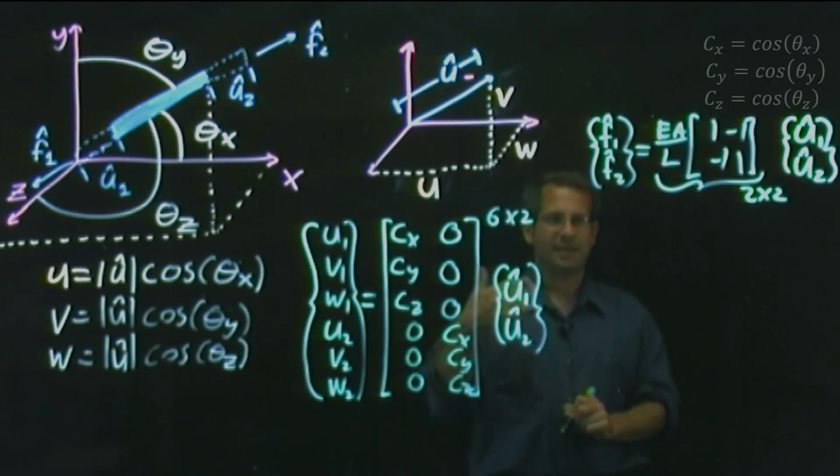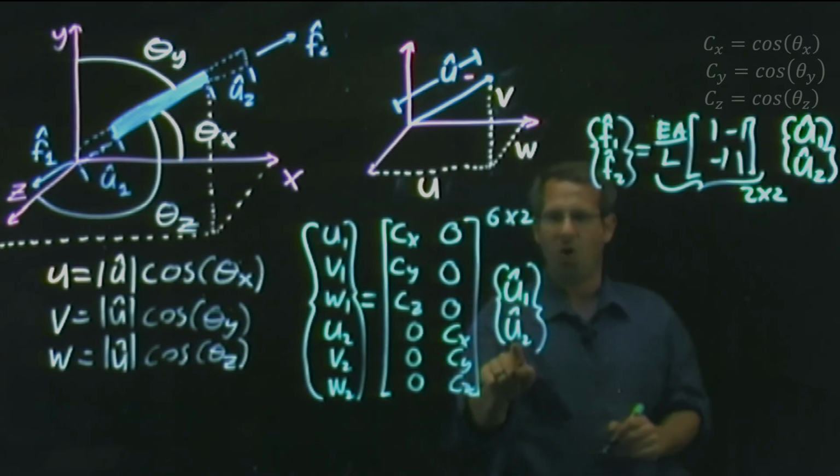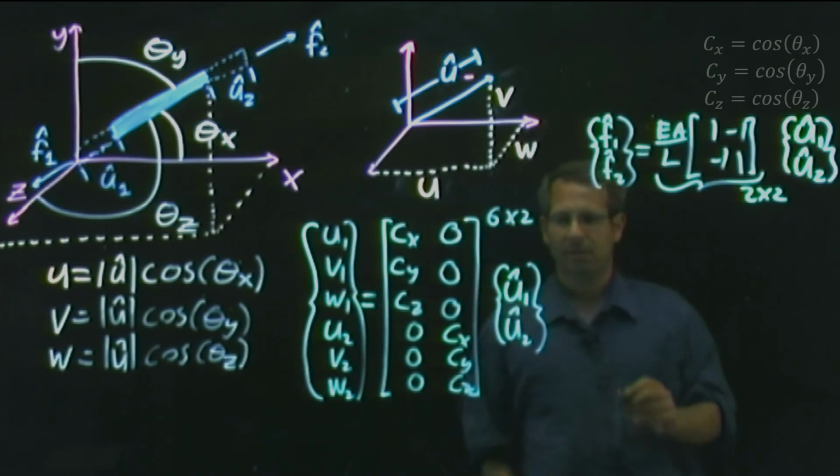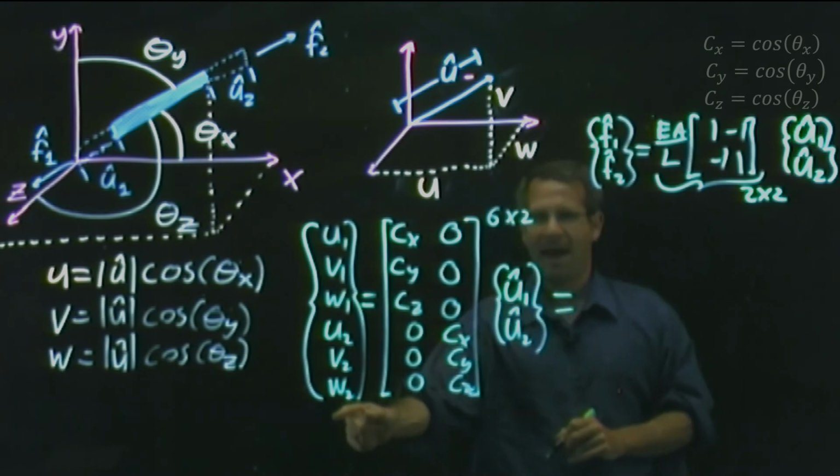Now let's look at this the opposite way. Suppose I want this, and I have this.